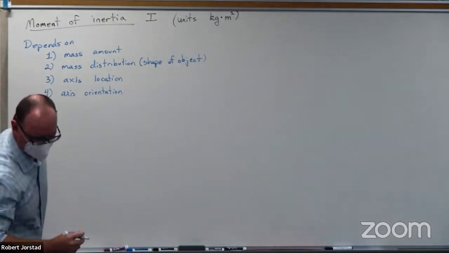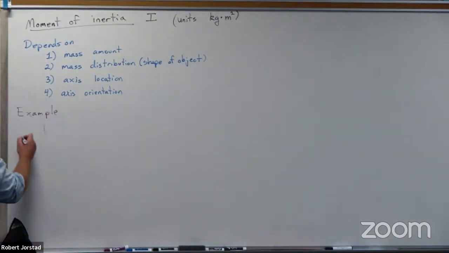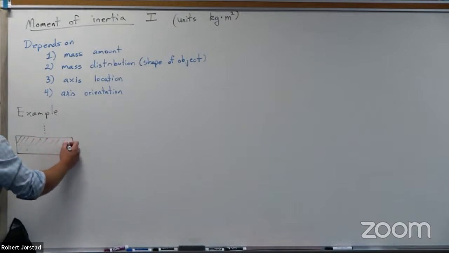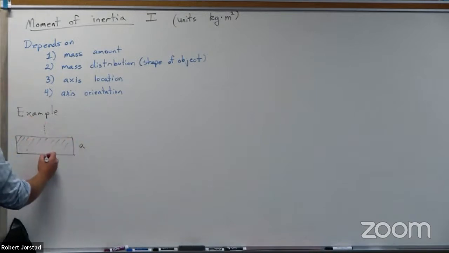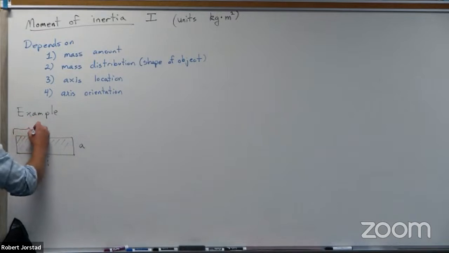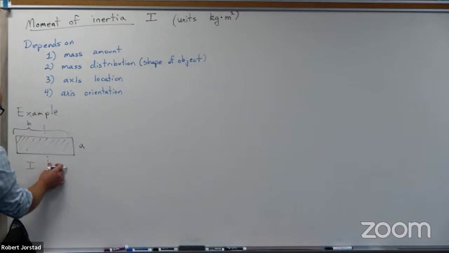We have a rectangular plate with some side A and some side B. The moment of inertia about the center of mass for this particular orientation is, what was it, 1/12 mb squared. Notice it's kilograms meters squared.